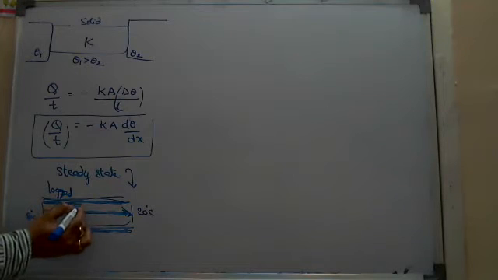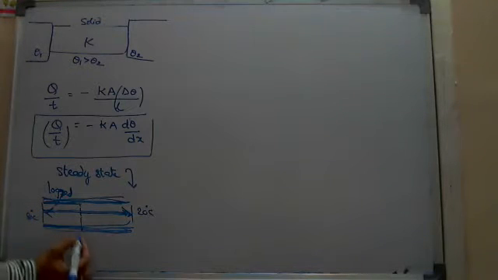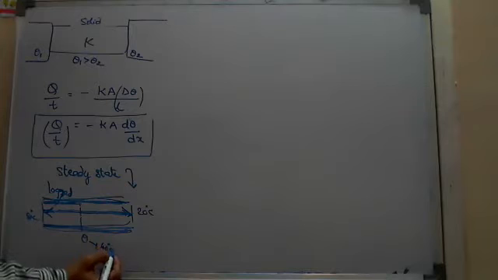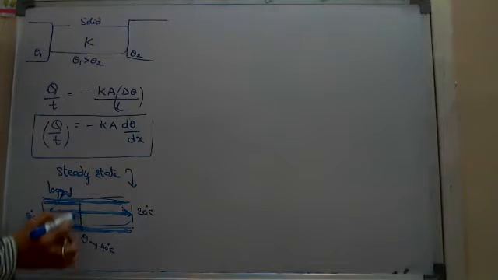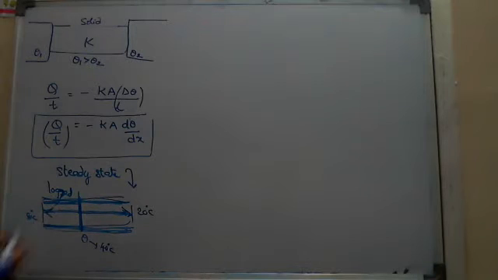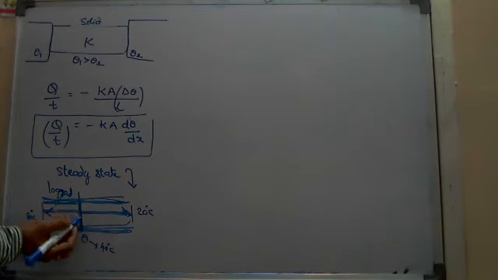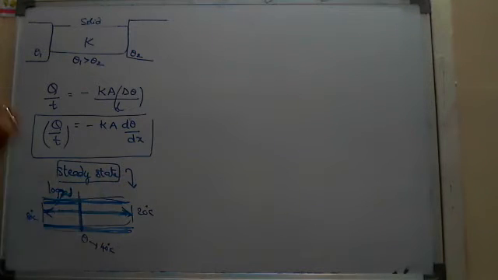Suppose at one cross section, the temperature, between 20 and 80, let it be some 40 degrees Celsius. Suppose that temperature is constant while heat is transferring from high temperature to low temperature, then that state is called steady state.